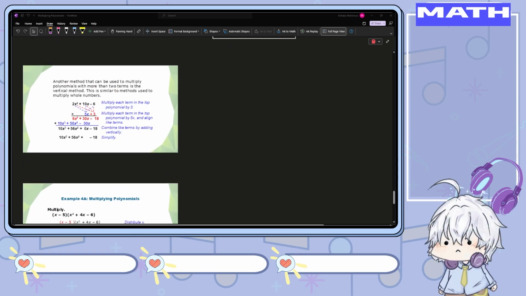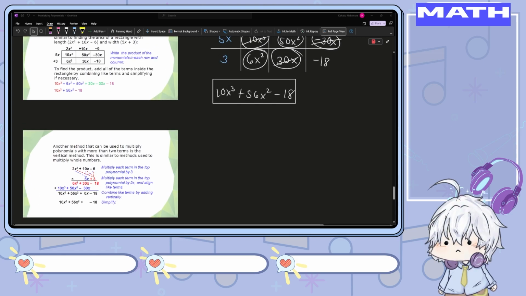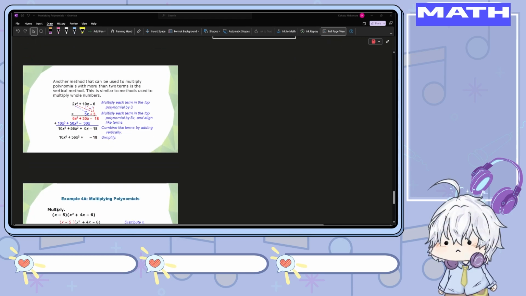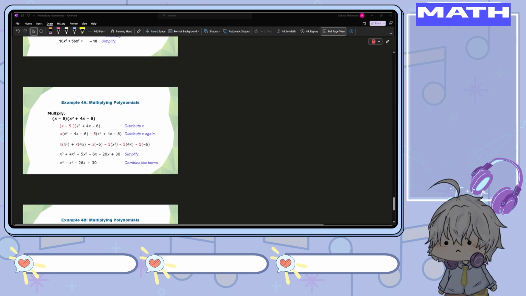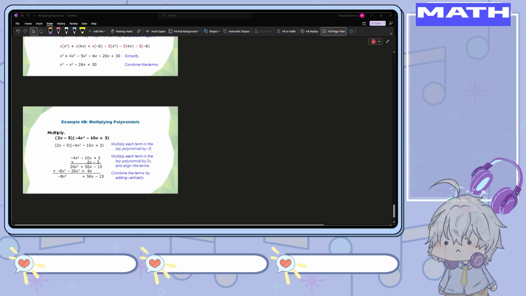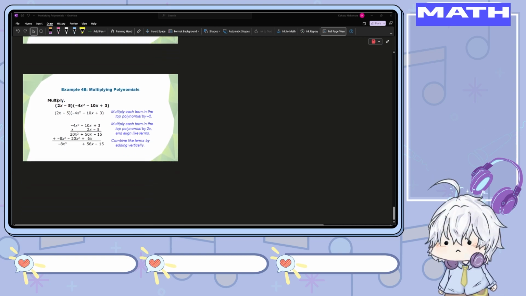I think you can also use this vertical method if you want, but either way, you can still identify using this rectangular model. I think the rectangular model is much easier than this one. You can do this individually. You can pause each part. You can rewind just in case.